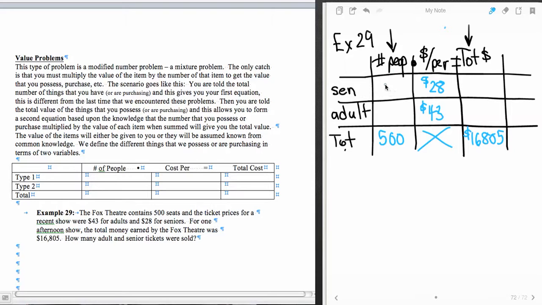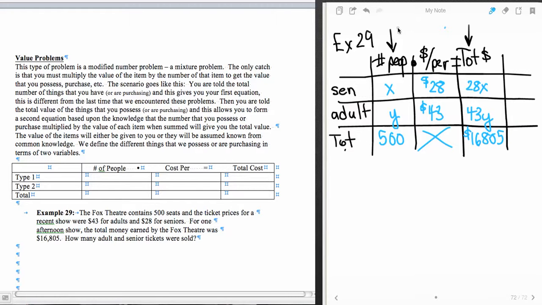Now we have just a few things left to do. First of all, I don't know how many seniors, no problem. I don't know how many adults, no problem. And then we're going to use our total value in order to find the value over here. So this times this equals this. So x times the rate per, 28x. y times the rate per, so 43y.